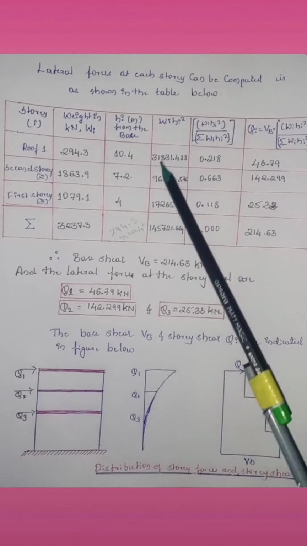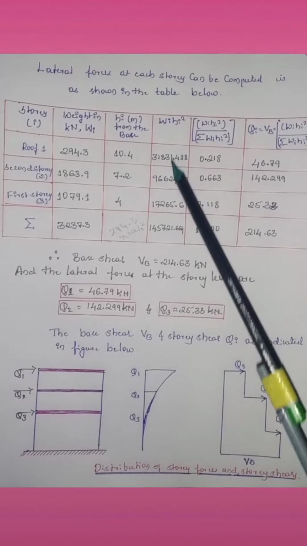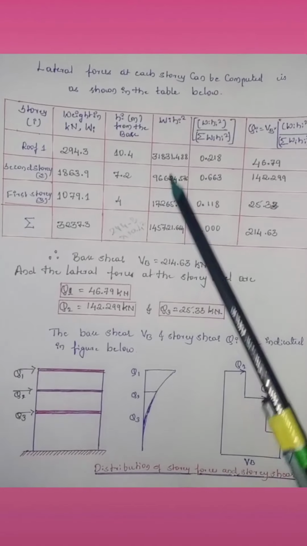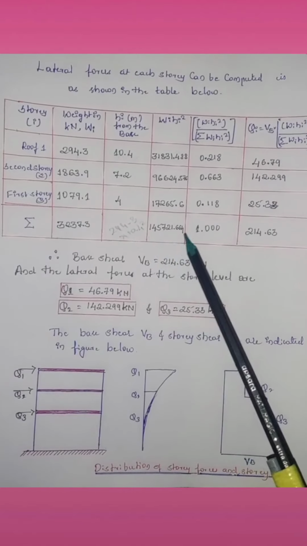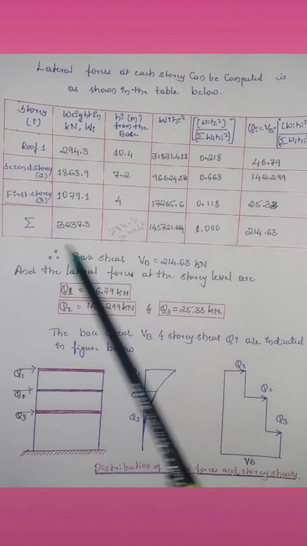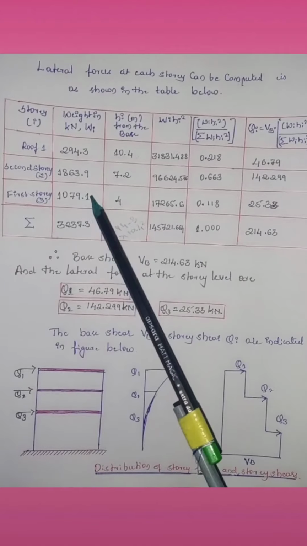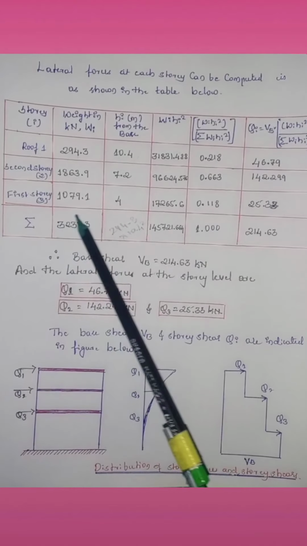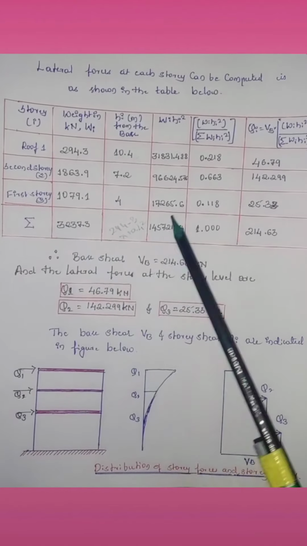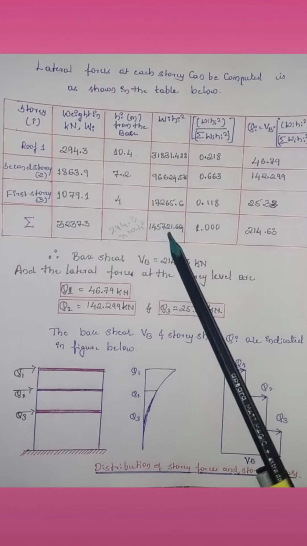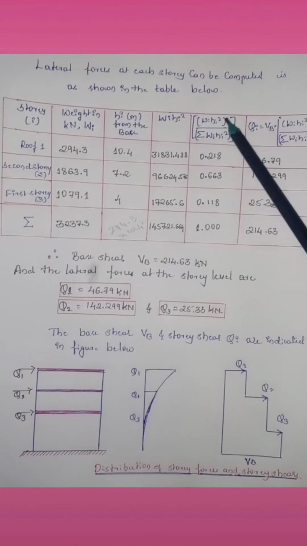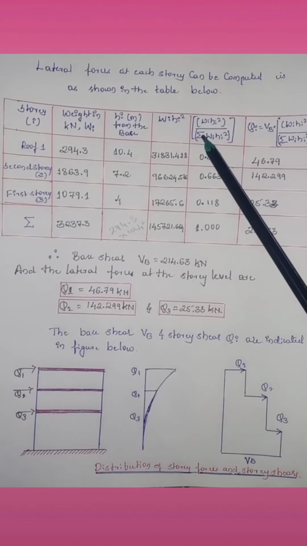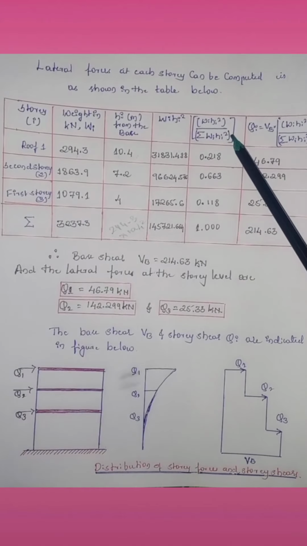Before going further, you need to calculate the summation of this value. These three, 1 2 3, add these values, this plus this plus this, you will get this. Okay, summation it is. And here also this plus this plus this, you will get this. Total seismic weight of the building it is. Here it is Wi, summation of Wi hi square. Here Wi hi square divided by summation of Wi hi square.